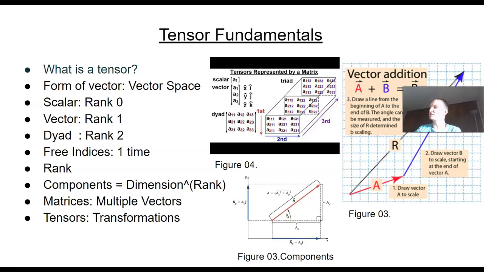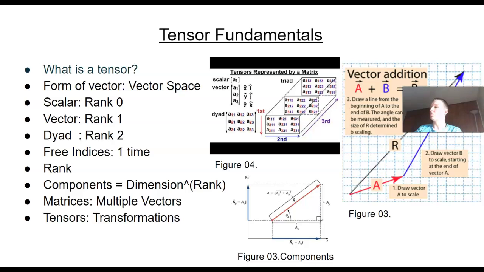Tensors use transformations similar to linear transformations to describe the change in a coordinate system by using basis vectors and are invariant in different coordinate systems. The number of free indices determines the rank of a tensor. By understanding basis vectors, unit vectors, coordinate systems, and linear transformations, tensors can seem slightly more intuitive.